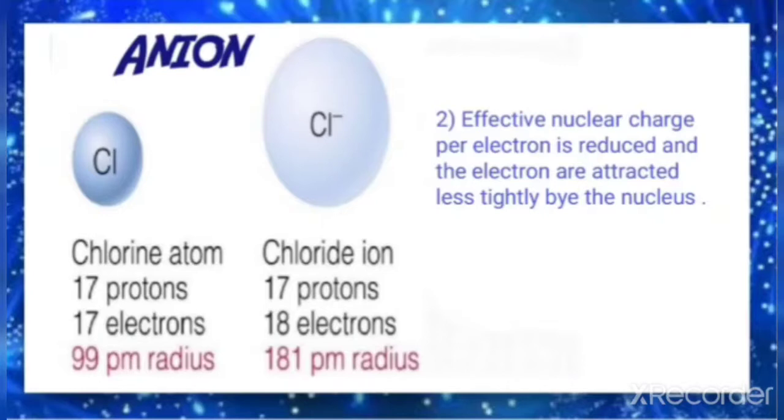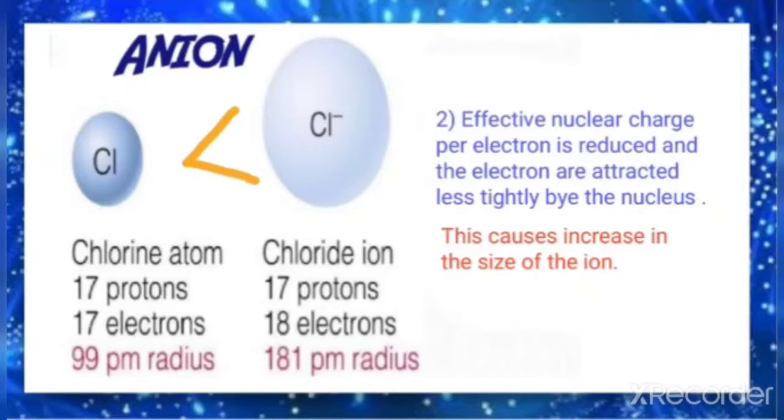When there is less attraction, the size will not be smaller, it will be a little bit larger because there is also electron repulsion. This causes an increase in the size of the ion. So these are the two reasons we have discussed for the anion, because of which the size of the anion is greater than the size of the parent atom.